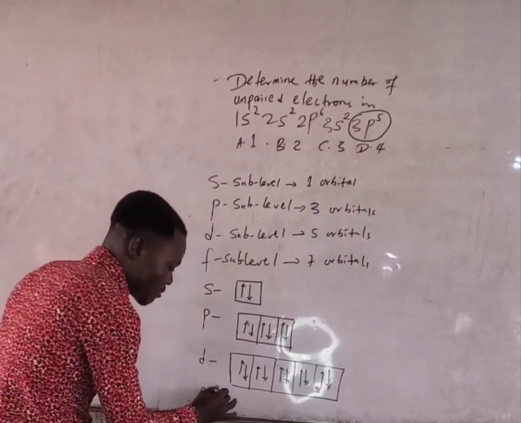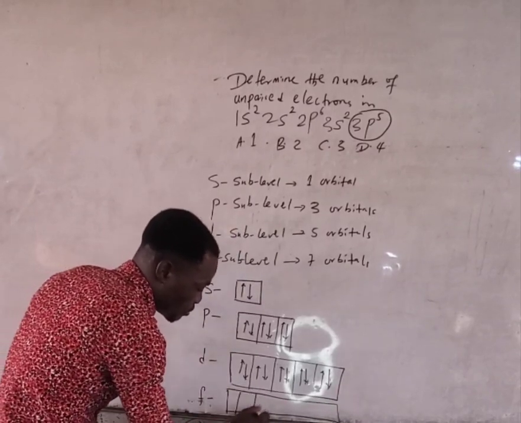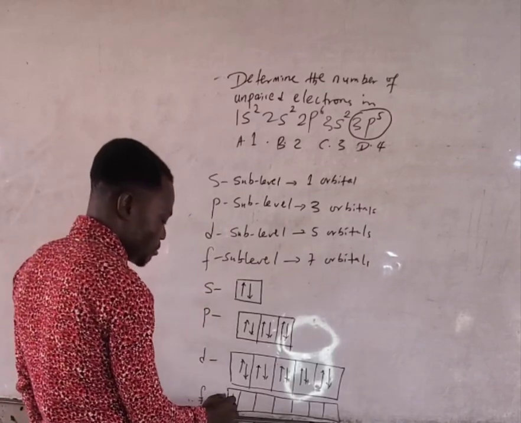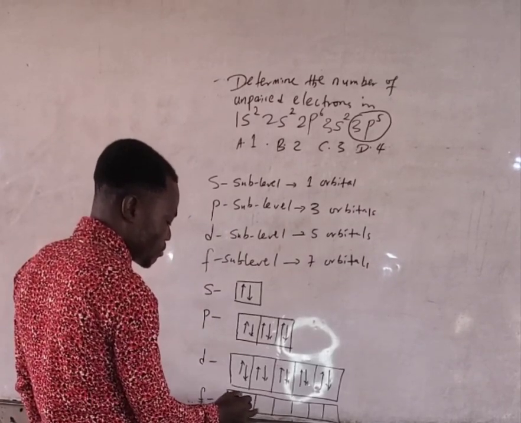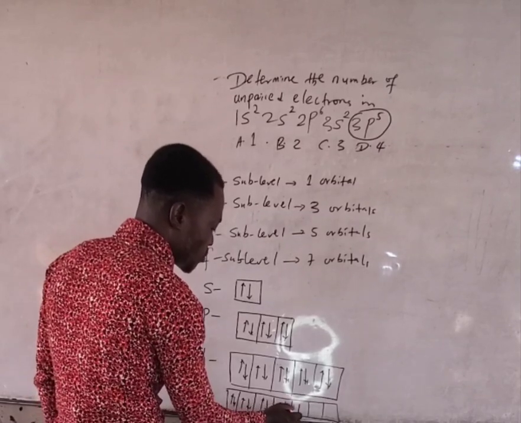Then the F can be 1, 2, 3, 4, 5, 6, 7. You have 7 orbitals, each holding a maximum of 2.